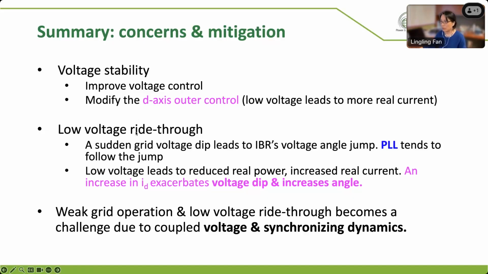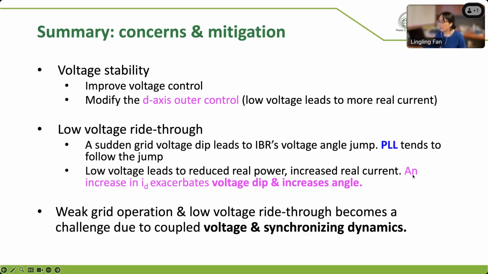What about low voltage ride-through? Another thing is low voltage: you have a fault and the remote grid is weak. The sudden grid voltage dip leads to an immediate voltage angle jump. The PLL follows, and then the PLL also shows a large jump. Then the low voltage leads to reduced real power and increased real current.